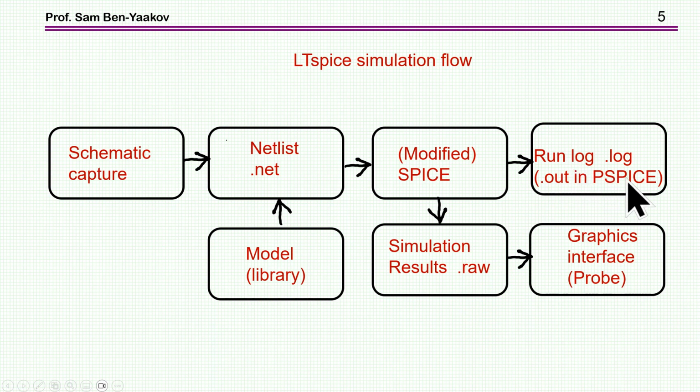In the case of PSpice, there's actually a .out file that is much more comprehensive. The data that has been collected throughout the simulation can then be displayed on this graphic interface, which is generally called the probe. And this is the general organization of the program, very similar to other SPICE-based programs.